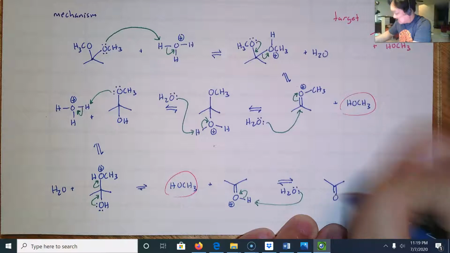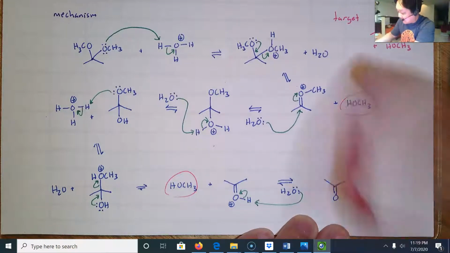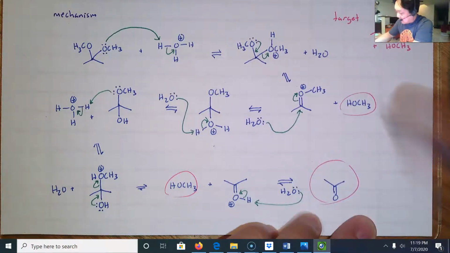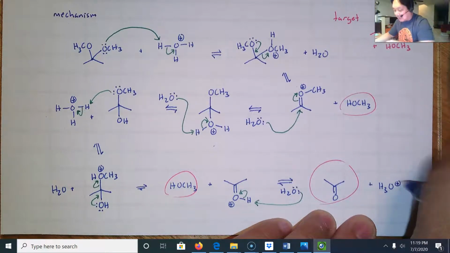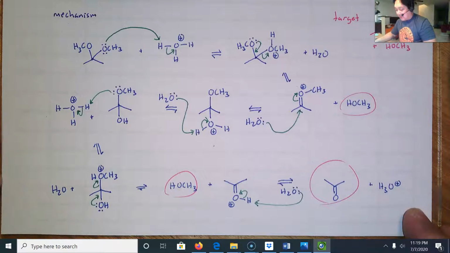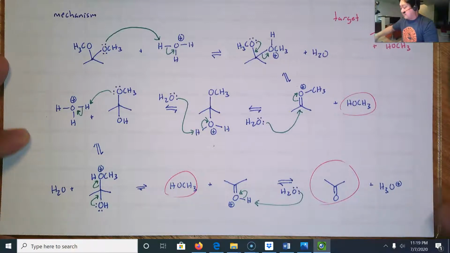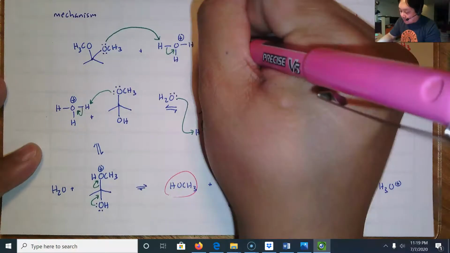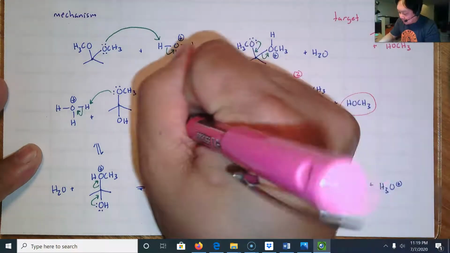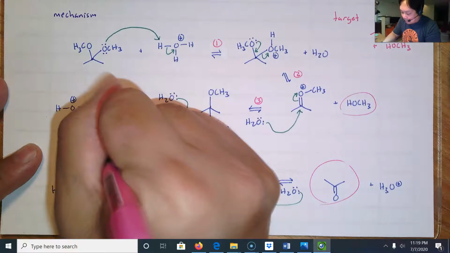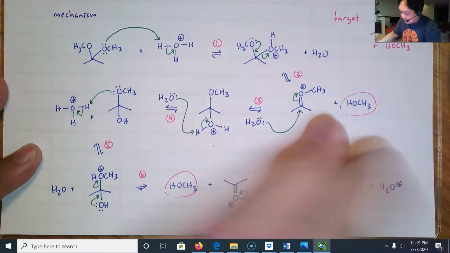Okay, the acetone got upside down, but that's fine. And we have H3O+. It's a catalyst. Okay, 7 steps, right? 1, 2, 3, 4, 5, 6, 7.